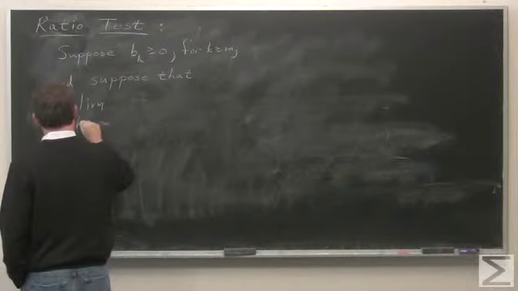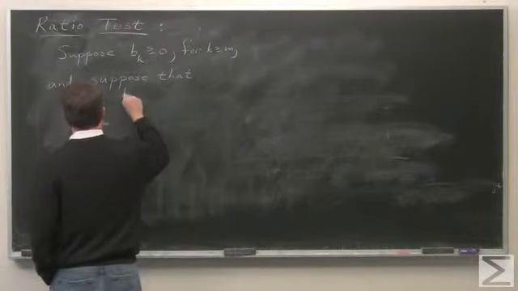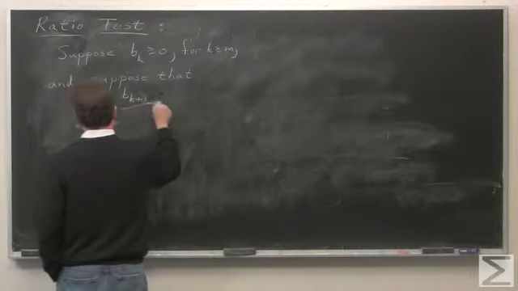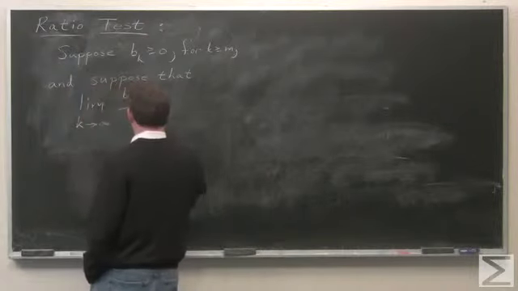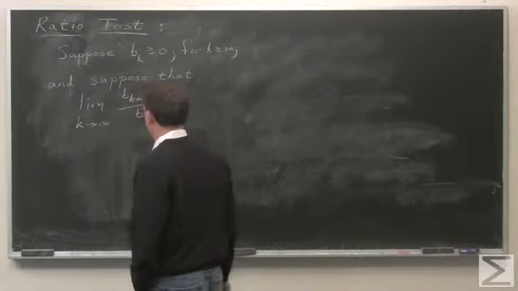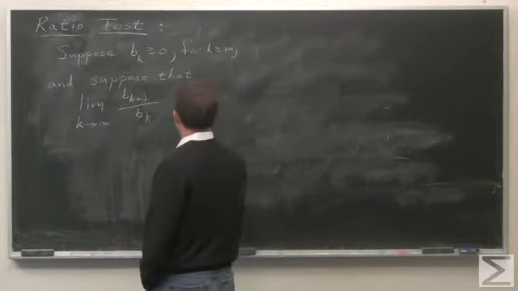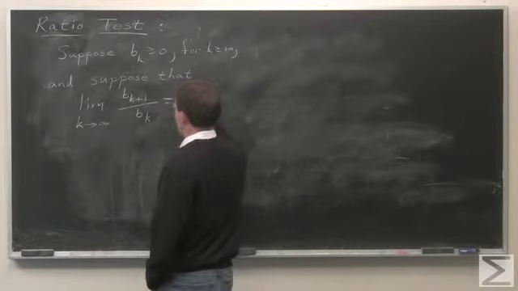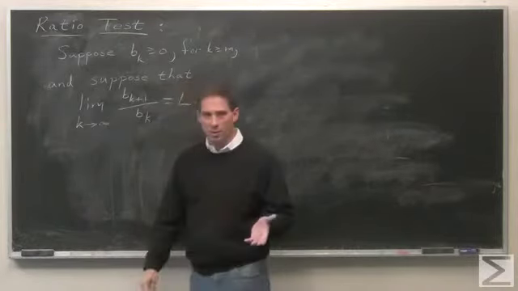In fact, this looks kind of like a limit comparison test, except you're comparing the series with itself. So it's not that. And suppose that this equals L. So this limit exists. It equals some number L.